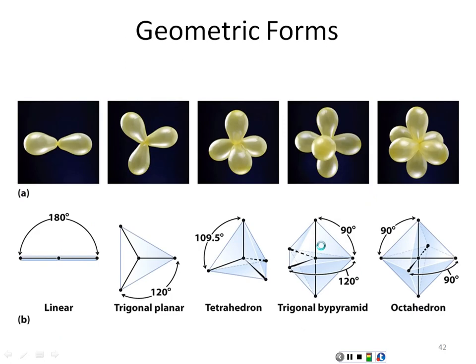And if we look at another figure that depicts this, if you want to think of the bonding atoms to the center atom as balloons, those bonding electron clouds you can think of as balloons. So if you tie two balloons together, where are they going to go to minimize their repulsion?